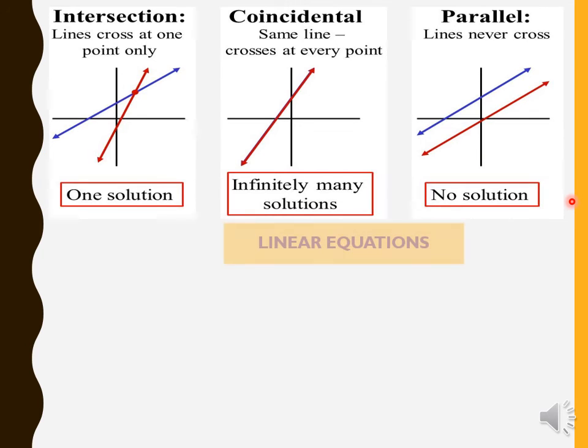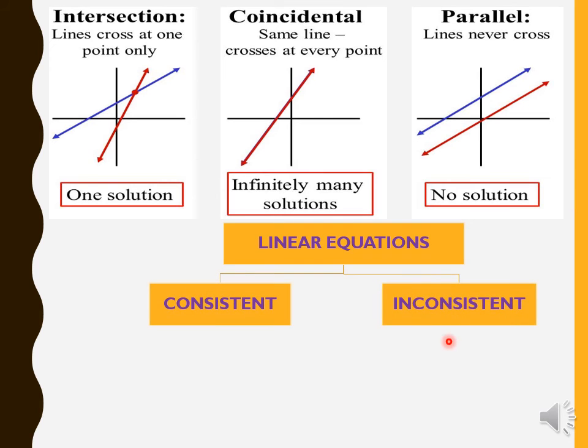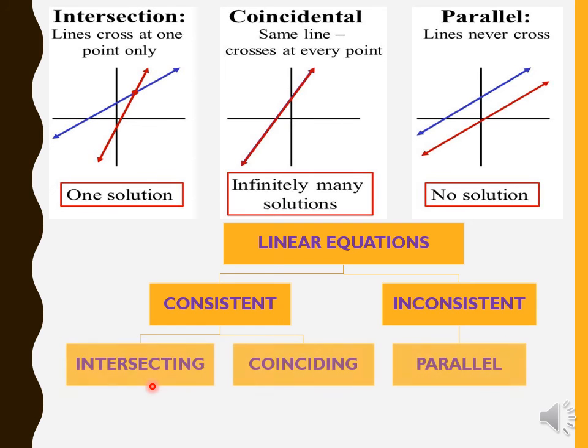Based on this, we can say that linear equations can be consistent or inconsistent. When we talk about consistent, we mean intersecting and coinciding. That means for intersecting, we have one solution. For coinciding, we have infinite solutions. So if we have any solution, maybe one or infinite, it does not matter, they will be consistent.